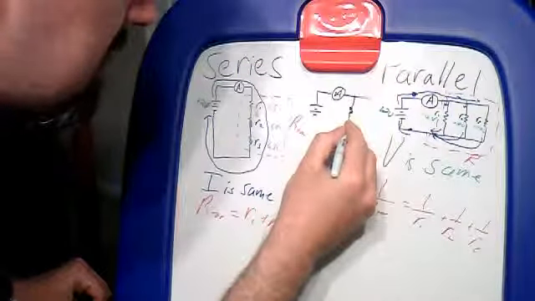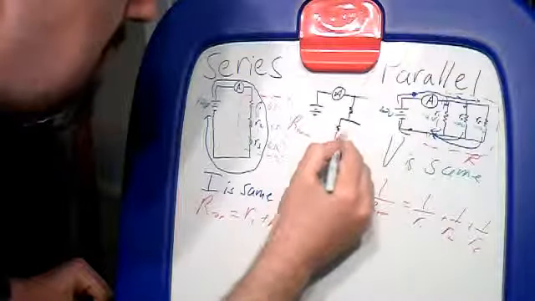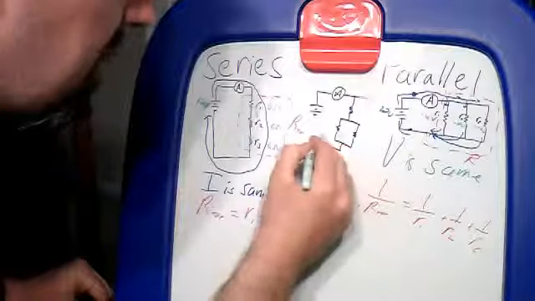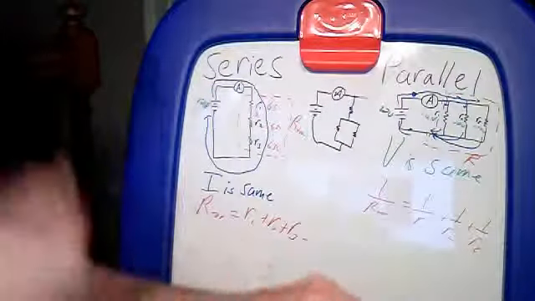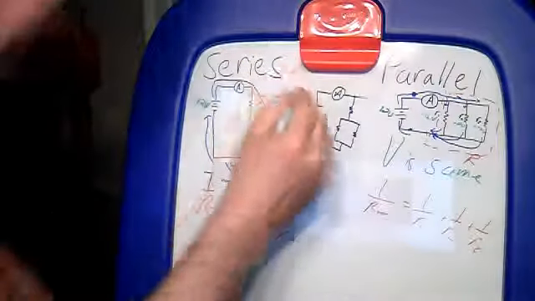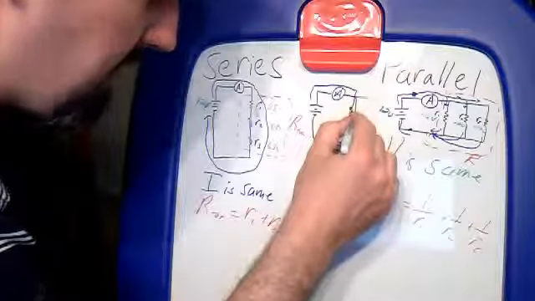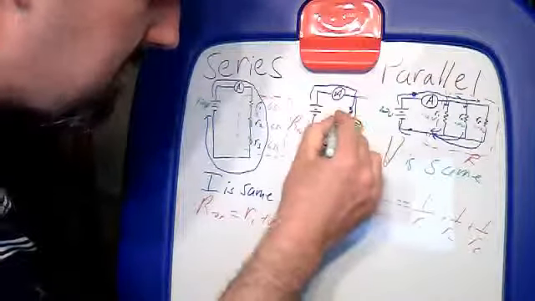So we have one resistor, and then we're going to split into parallel resistors. Then we're going to come back together and go back to the battery. So in this one, we have a little bit of an issue, because the current's going around, it has to go this way, it has to go through that resistor, but then it can split and go one of these two ways.